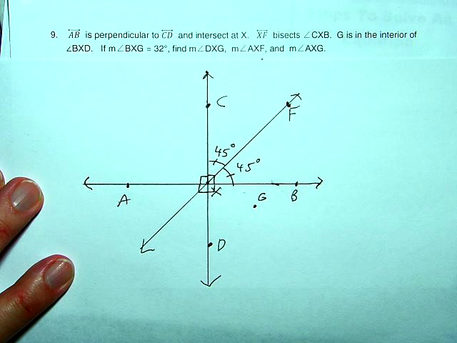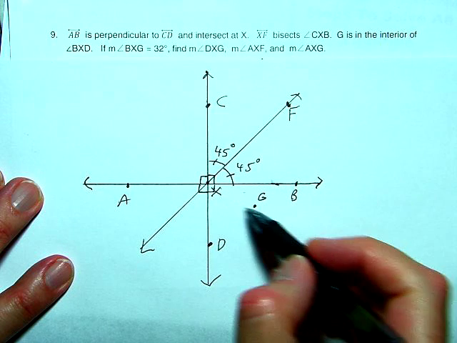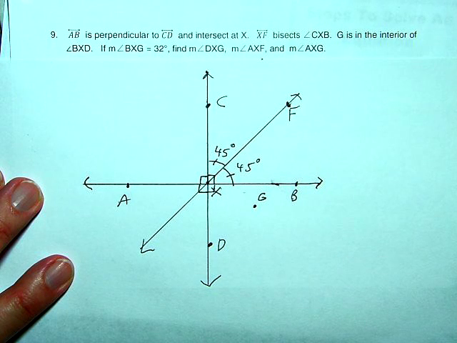Now we are told next that if the measure of angle BXG is equal to 32 degrees, find the measure of angle DXG. So let's look for angle BXG. Where is angle BXG? Well, this is B, G, and X. We didn't really draw an angle, right? They didn't tell us to draw an angle, but obviously they want us to have an angle there.